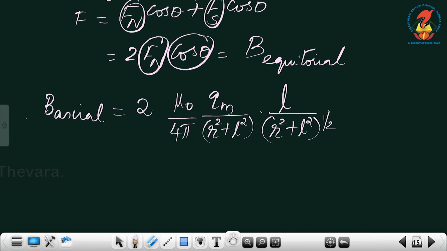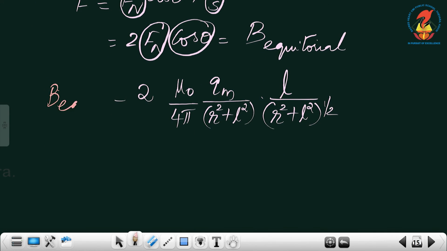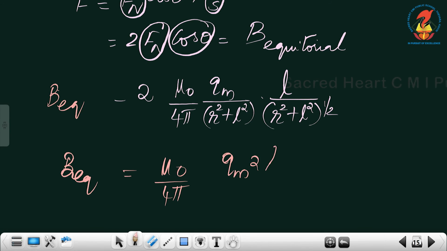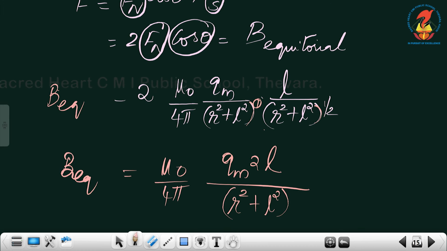Now, on solving this equation, we get B equatorial is equal to mu 0 by 4 pi Qm into 2L divided by R square plus L square the whole raised to 1 into R square plus L square the whole raised to 1 by 2, which becomes R square plus L square the whole raised to 3 by 2.